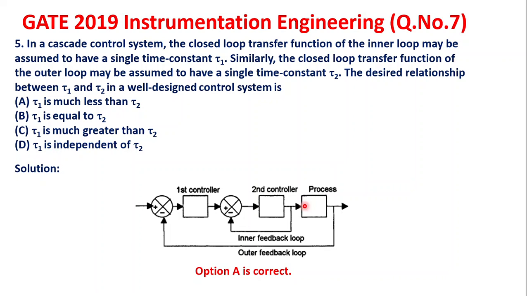Therefore, the inner loop is assumed to act faster than the outer loop. The inner feedback time constant should be less than the outer feedback time constant. That means tau 1 should be much less than tau 2. Therefore, tau 1 is much less than tau 2. Option A is correct. That's all.